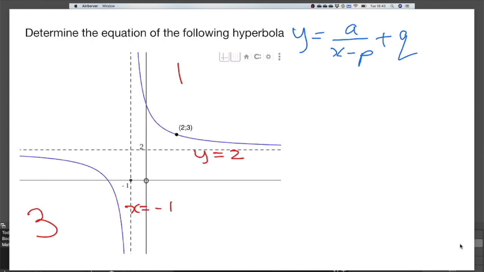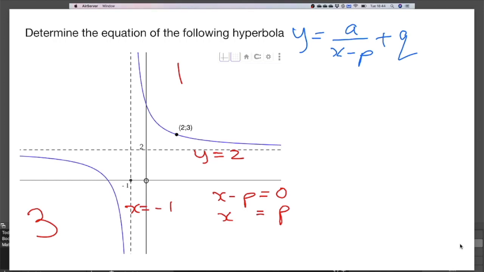All right. And so now we want to find the value of p. You will remember that to get the vertical asymptote, we need to take that denominator x minus p and make it equal to 0, which means we get x is equal to p. So our asymptote is actually x is equal to p from this theory.